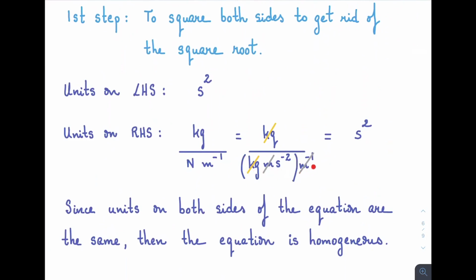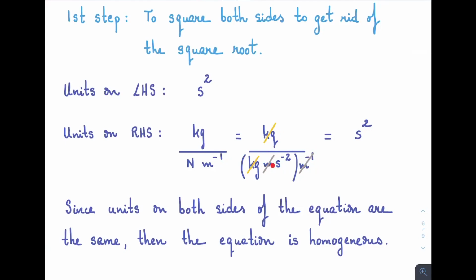Then we still have to multiply by meter to the -1 and kilogram in the numerator. So kilogram in the numerator cancels with kilogram in the denominator. And here we have meter multiplied by meter to the -1, so here we have power 1 minus 1 is 0. These cancel each other out.